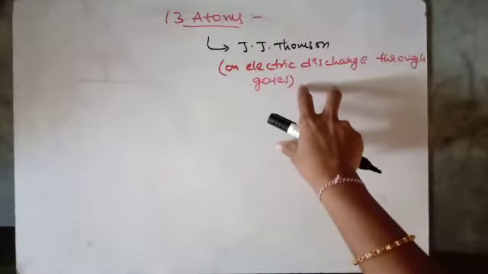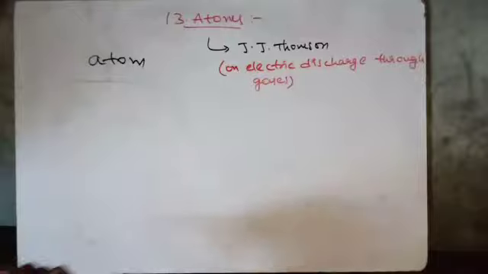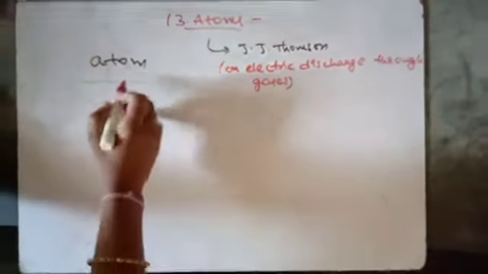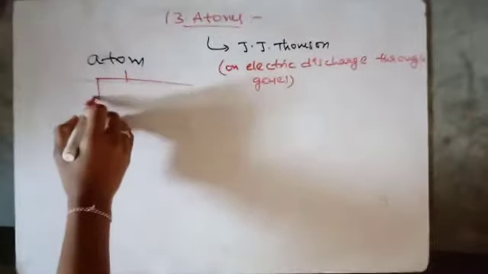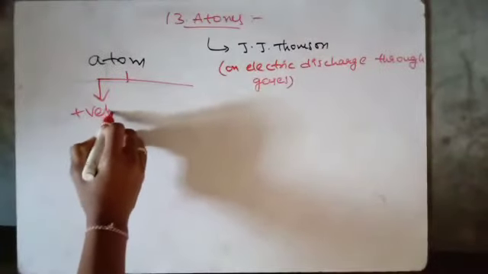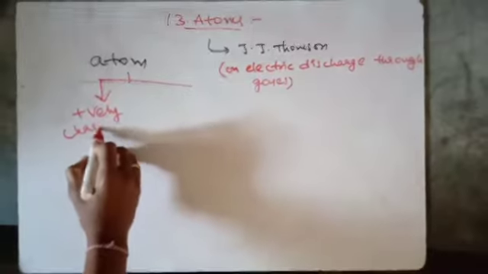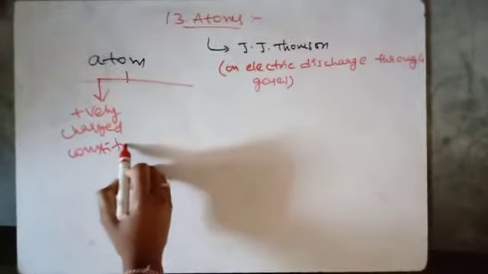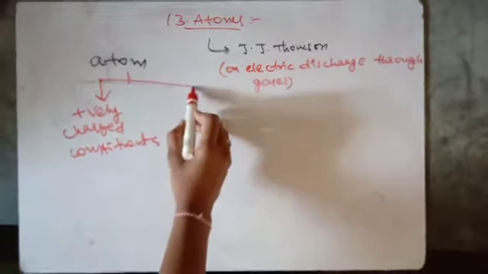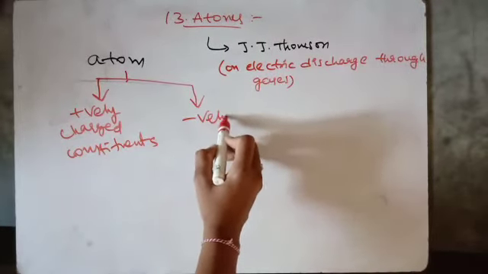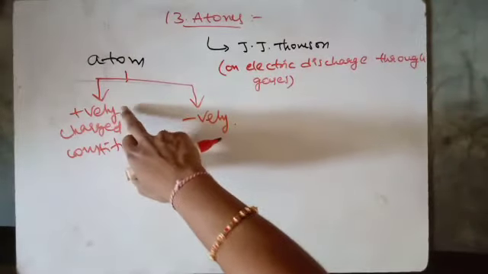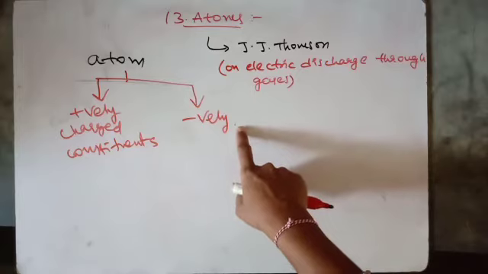From these experiments, Thomson came to know that atoms consist of both positively charged constituents and also negatively charged constituents. So an atom consists of both positively charged particles as well as negatively charged particles.